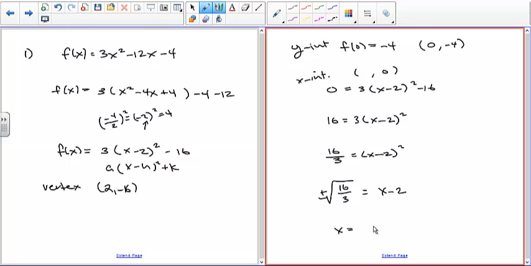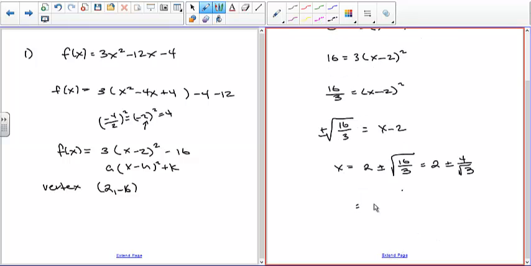If you add 2 to both sides, you'll get 2 plus or minus the square root of 16 over 3, which is 2 plus or minus 4 over the square root of 3, which is 2 plus or minus 4 times the square root of 3 over 3. So if you multiply the numerator and the denominator by the square root of 3, that gets rid of the square root in the denominator. Now if you did this, that's fine. I didn't take anything off to get to this point.